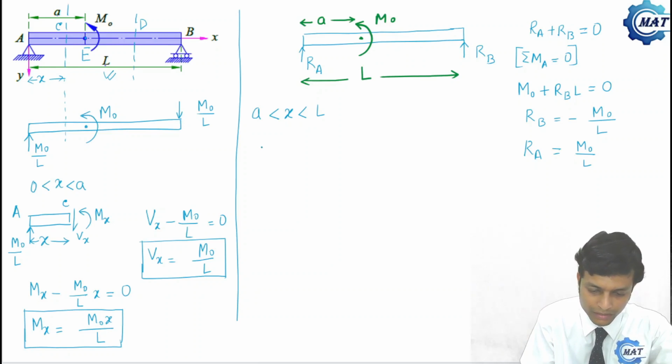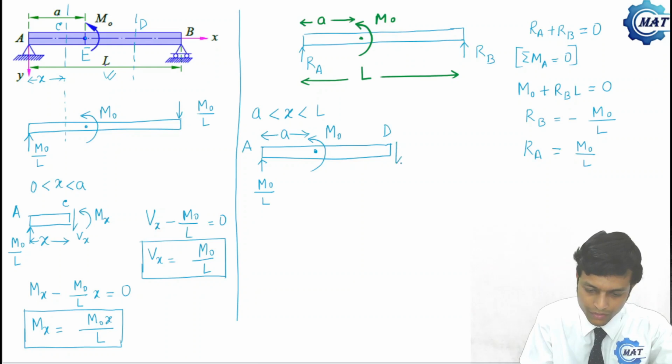For this range, the free body diagram will be like this. Similarly here, M0 by L, the external moment is M0 at distance A, and this is point D. Shear force is Vx and bending moment is Mx.